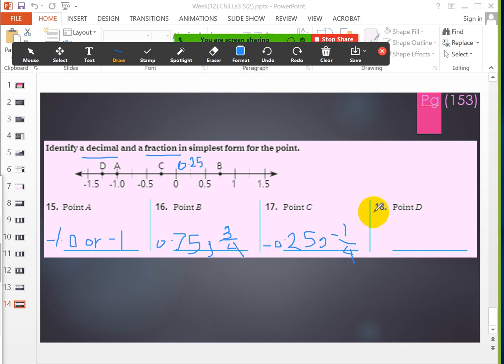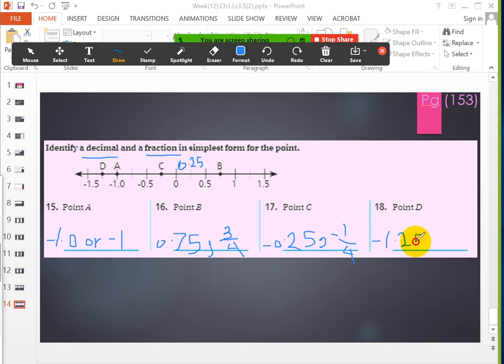What about point D? Point D is on the negative side, so the number will be negative. It will be between negative 1 and negative 1.5, in the middle. The distance between 2 points will be 0.5, so I have to add 0.25 to 1. That means it will be negative 1.25.